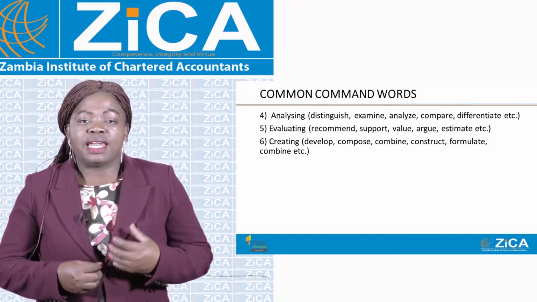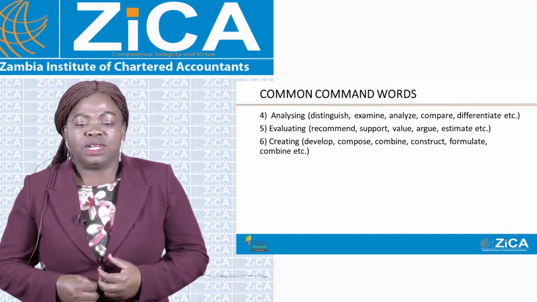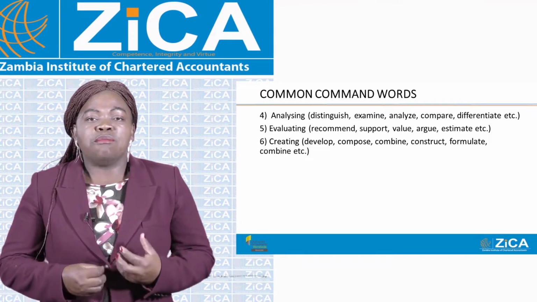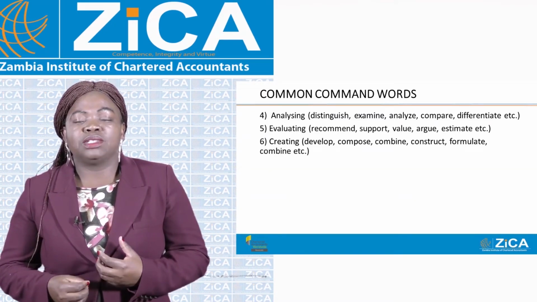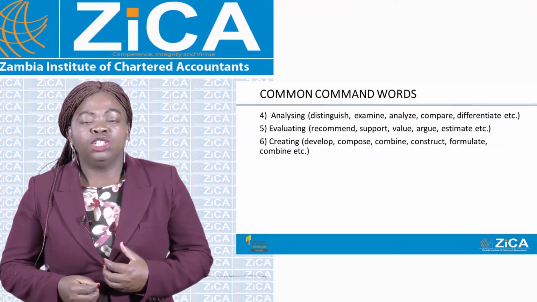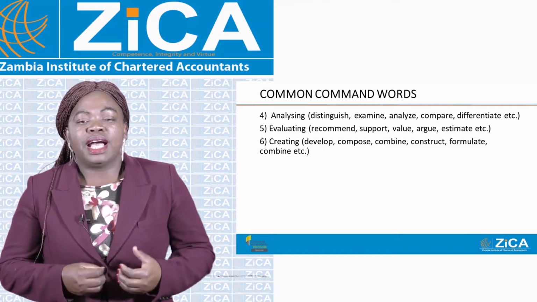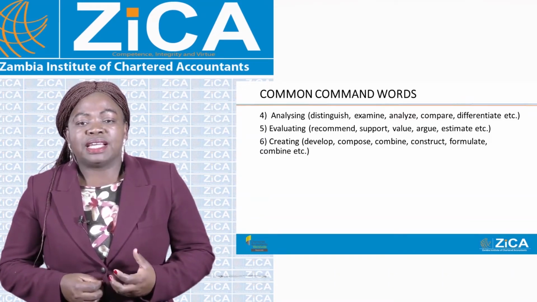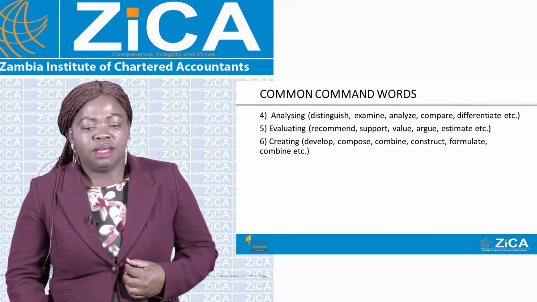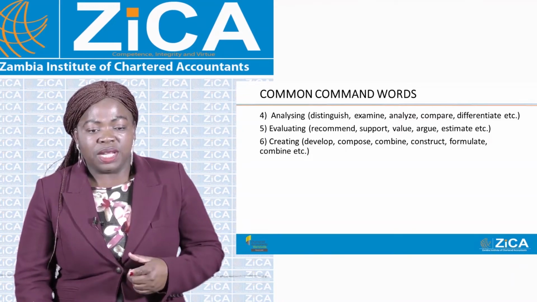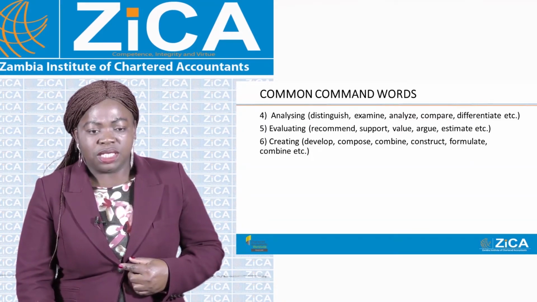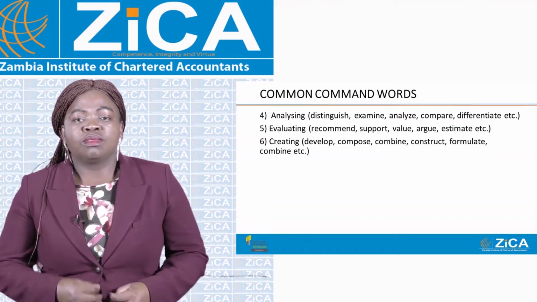When you're asked to analyze financial statements or interpret, or recommend which particular entity between A and B should be bought by company C, you are actually using high levels of understanding from Bloom's taxonomy, but you do get these command words in some of the questions that will come to you.